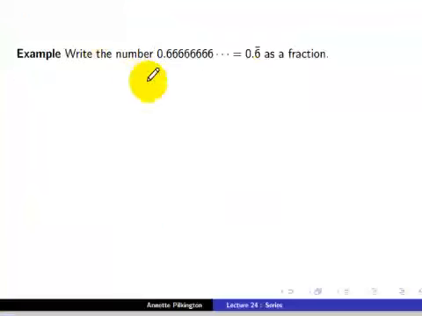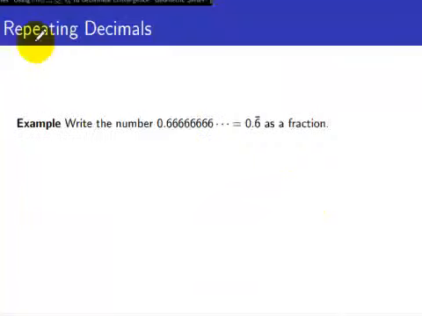So look at this number. This is a repeating decimal. So here 0.6666, this goes forever, right? This doesn't stop, right?